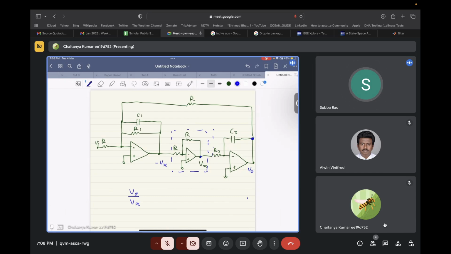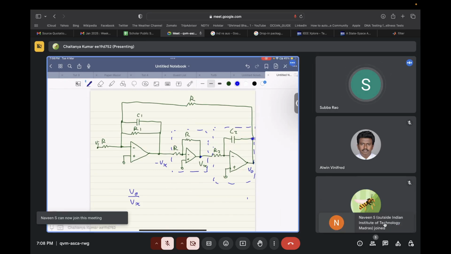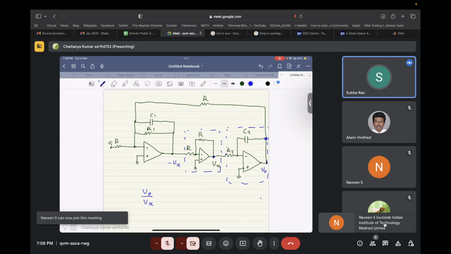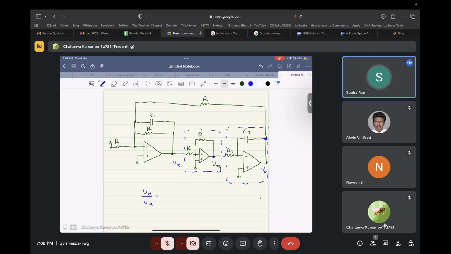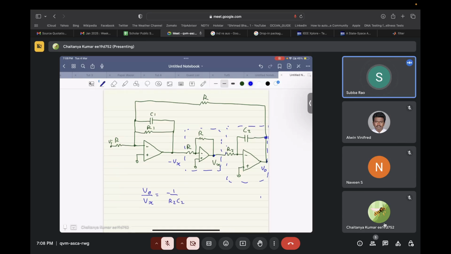What structure is being implemented over here? Integrator. So what is V naught by Vx? Minus 1 by R2 C2 integral dt.